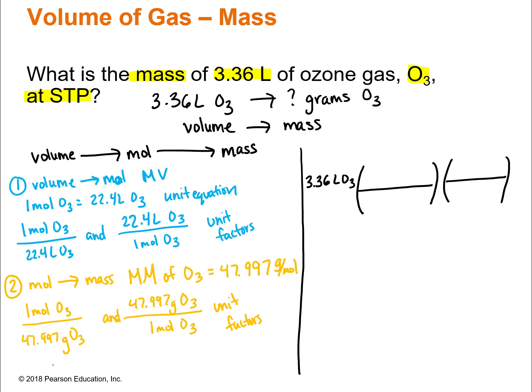We need to get rid of liters for the first one, so it should be the unit factor with liters in the bottom. Then we have to take those moles and convert to grams. We want moles in the denominator this time.